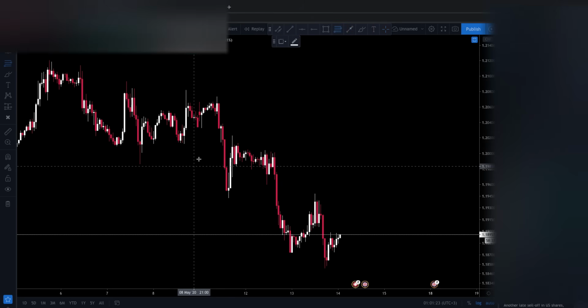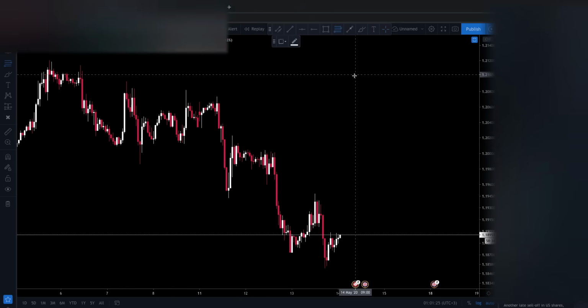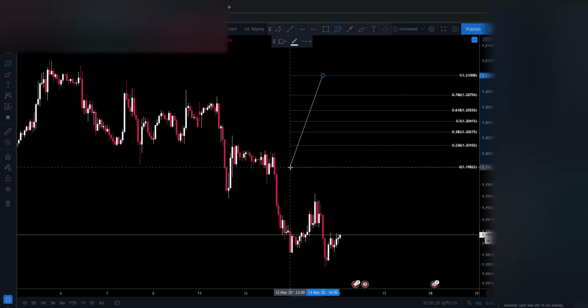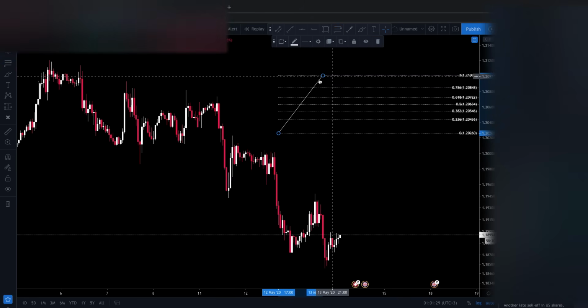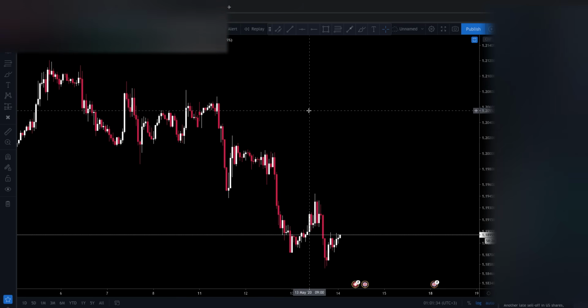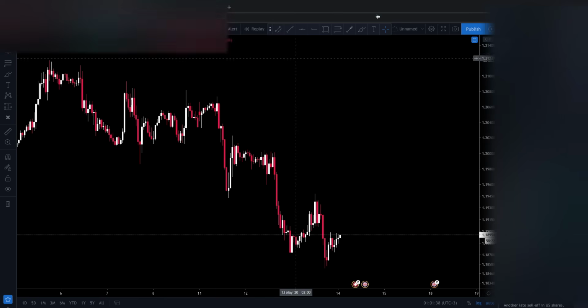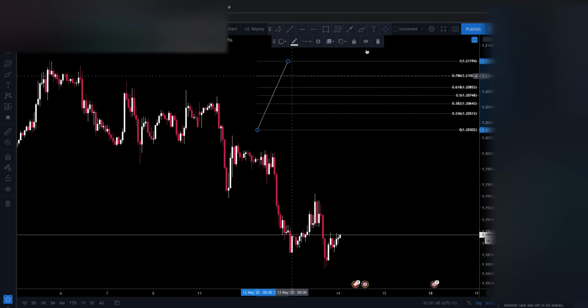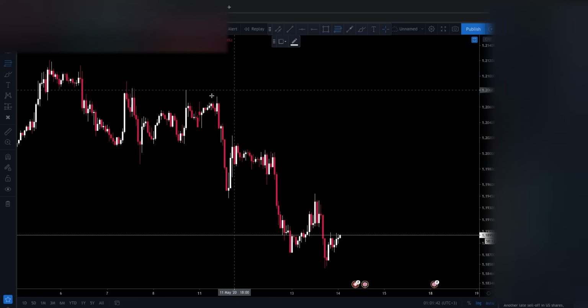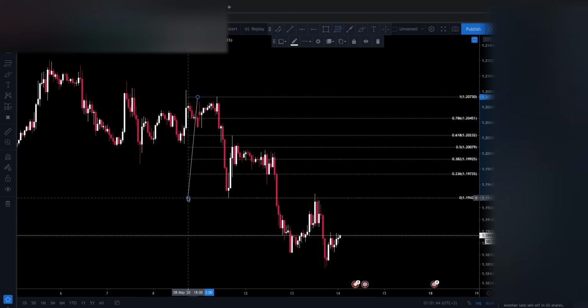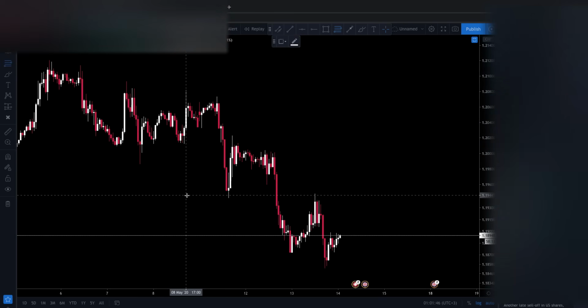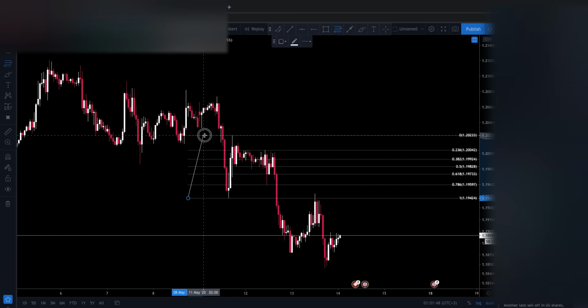If you click on that, and then click and drag it from a start to an end of whatever you want to market at, it will give you something like this, right? Now you can draw it in two ways. You can draw it from top to bottom, or from bottom to top.